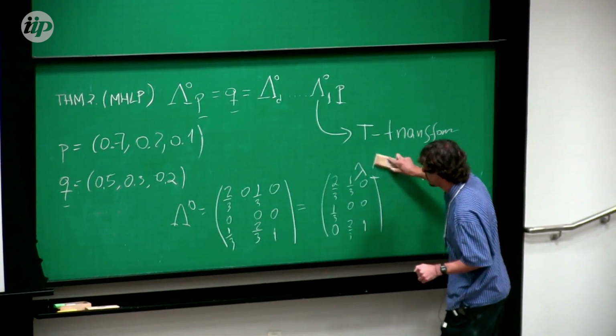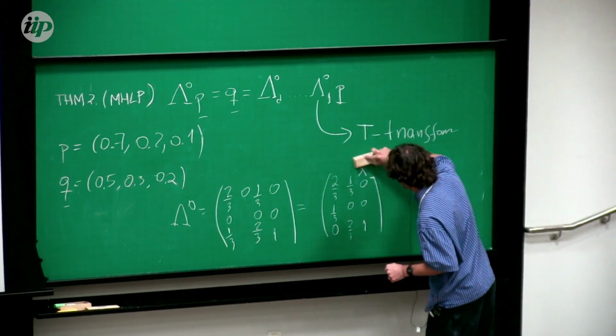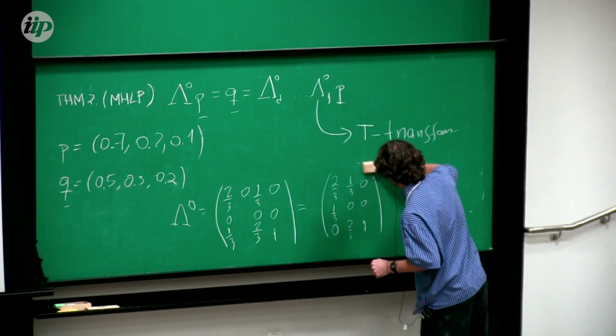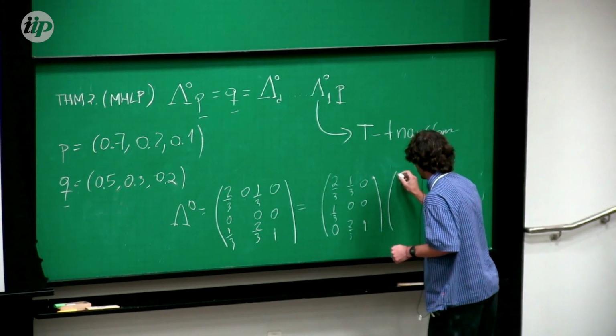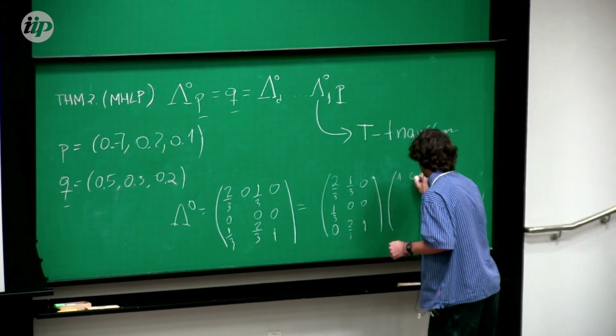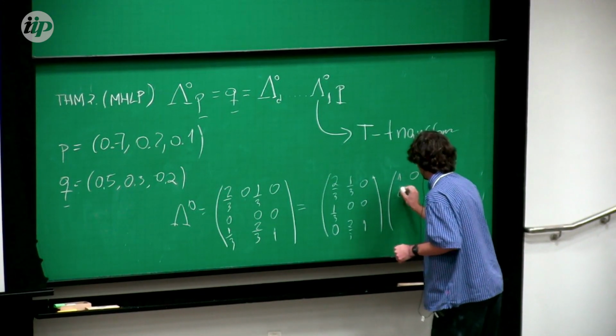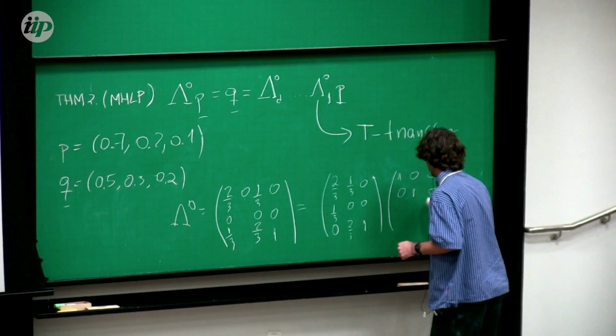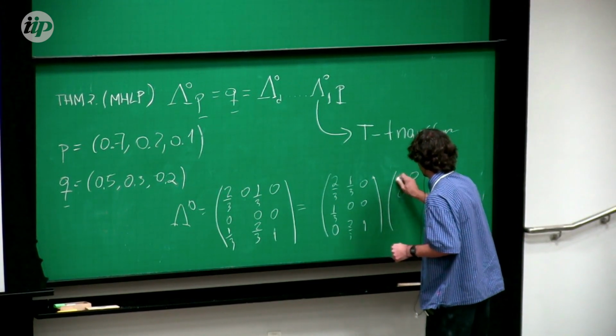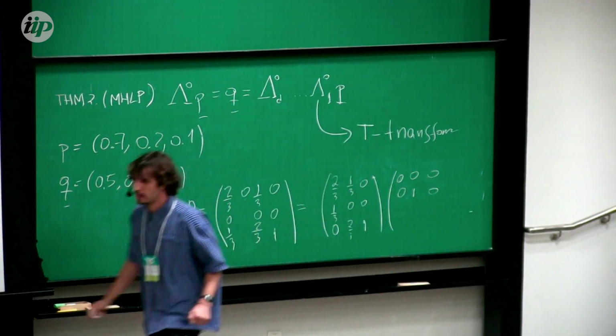So this is like this, thirds, and this will be 1, 0, 0, 0, 0. Okay, better to get the notes.